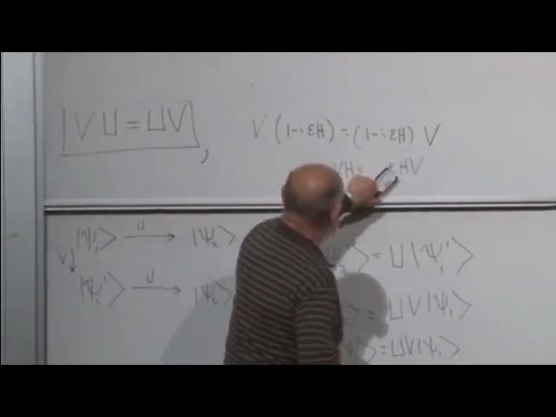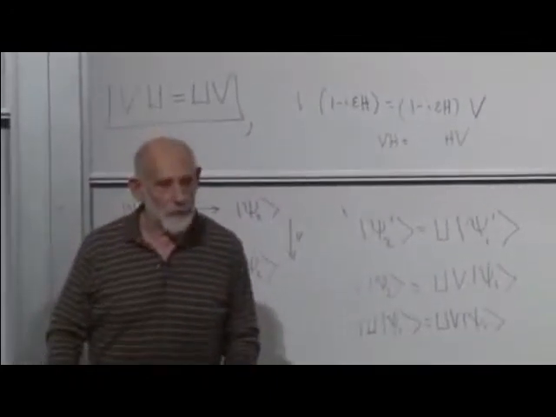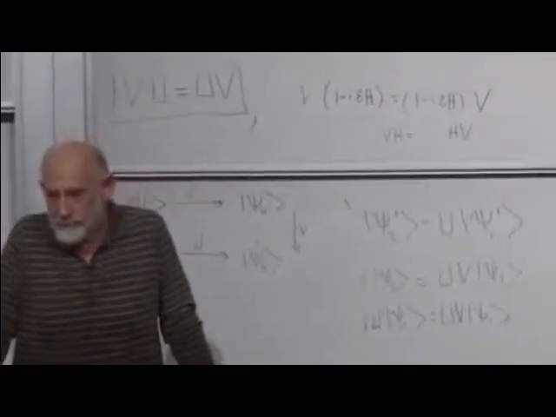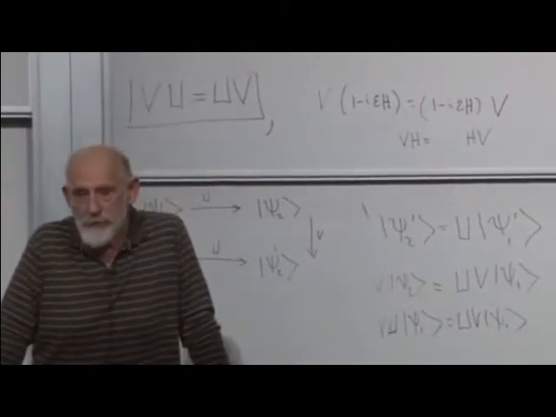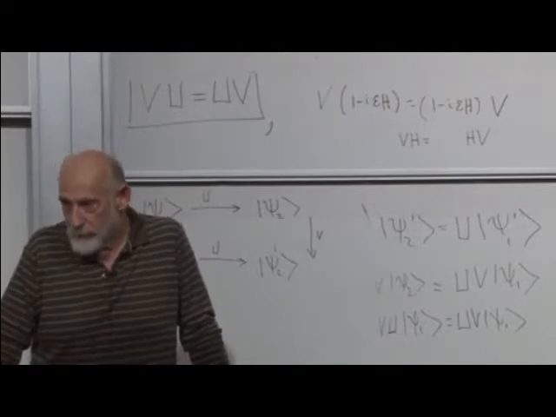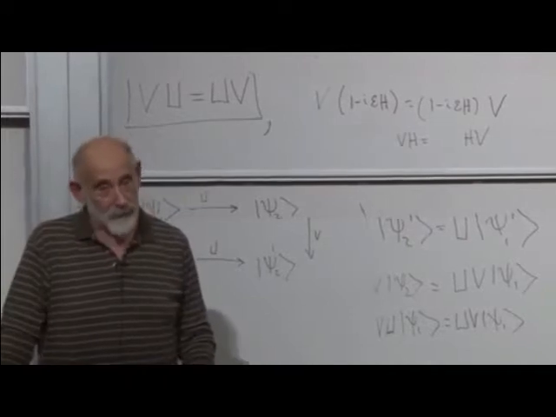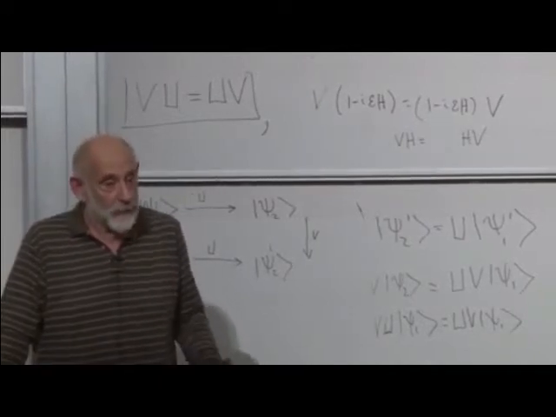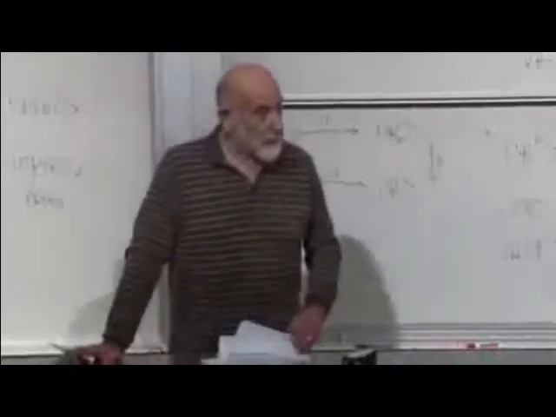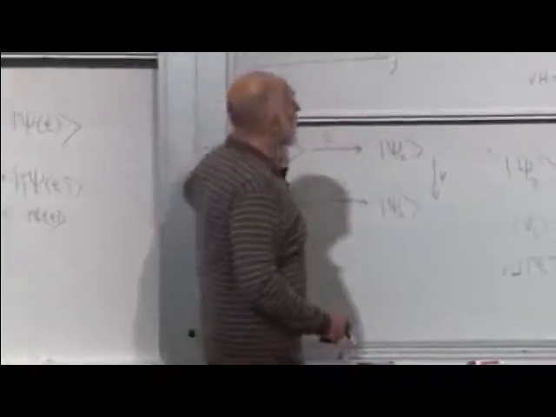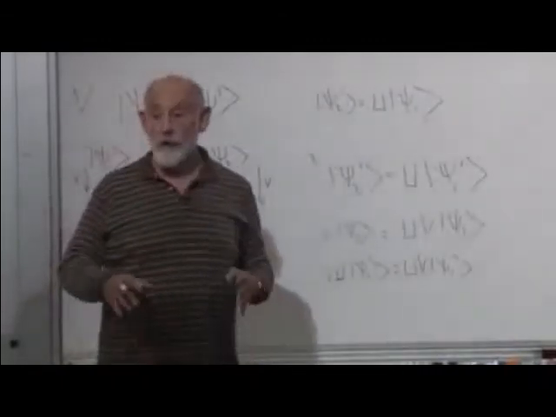A symmetry is a unitary operation which commutes with the Hamiltonian. Any unitary operation which commutes with the Hamiltonian is a symmetry, and any symmetry is a unitary operation which commutes with the Hamiltonian. That's very abstract. It's extremely abstract, and in order to appreciate it, we have to do a couple of examples. We'll do some examples in a moment, but let's just focus on that: unitary operations on the space of states which commute with the Hamiltonian are symmetries.